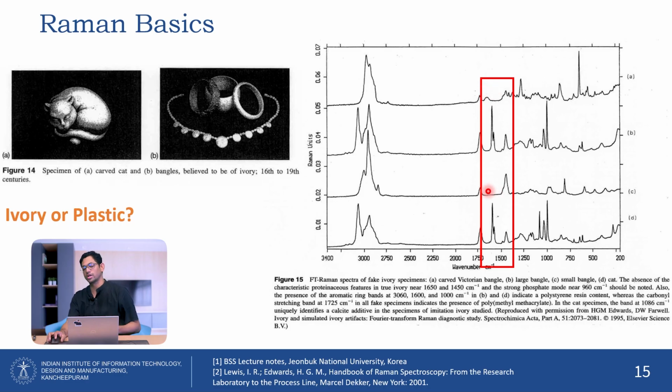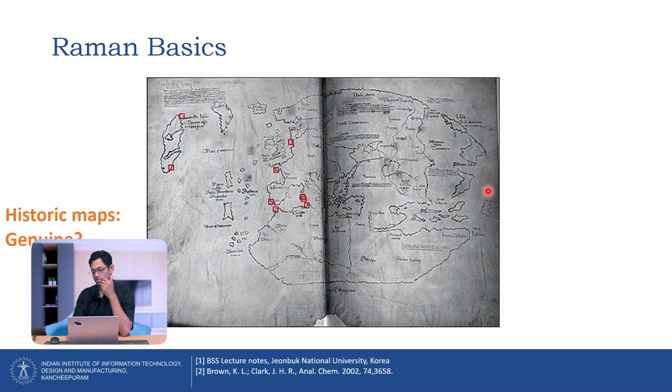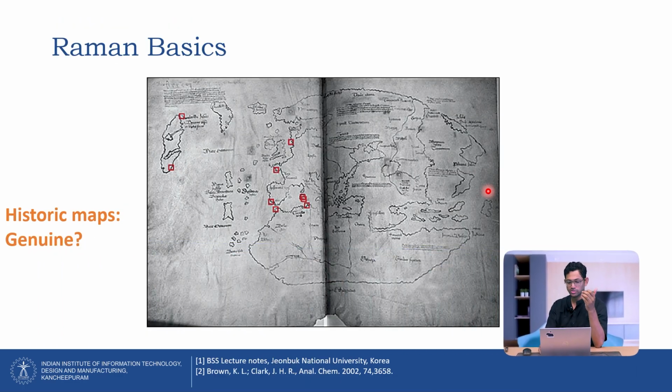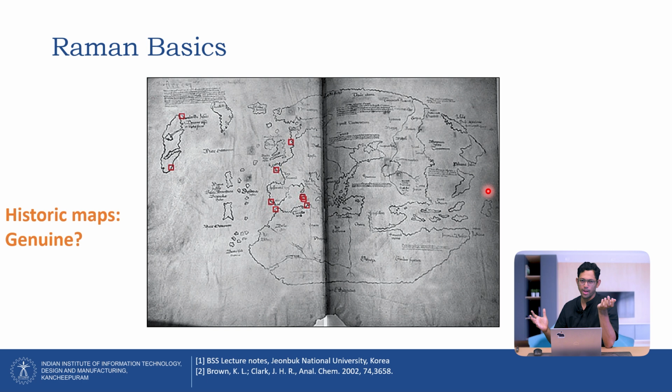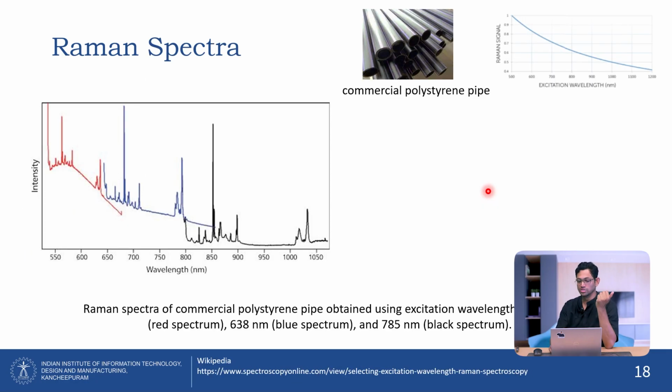Similar to this, you can also check historical maps, whether they are original or not, from their Raman spectra. If it's a very old map, you want to see whether the pigments used are actual original old pigments, or whether someone has made a fake historical map. You can do this testing as well.